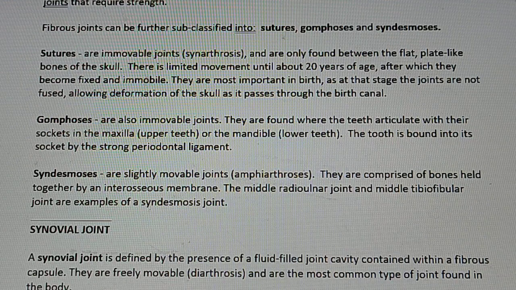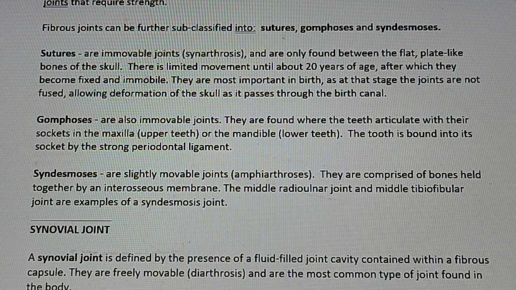Sutures are immovable joints, which are also called synarthrosis, and are only found between the flat plate-like bones of the skull. There is limited movement until about 20 years of age, after which they become fixed and immobile. They are most important in birth, as at that stage the joints are not fused, allowing the formation of the skull as it passes through the birth canal.